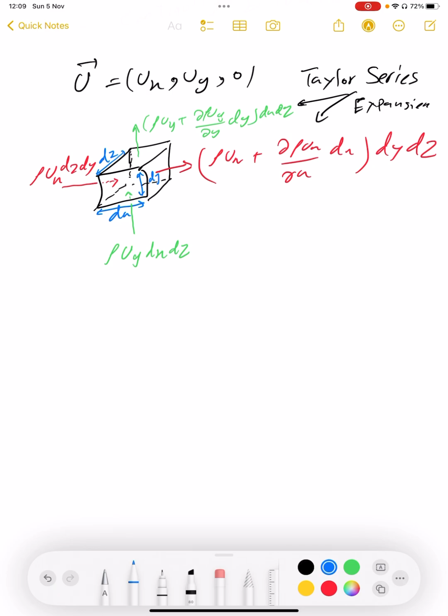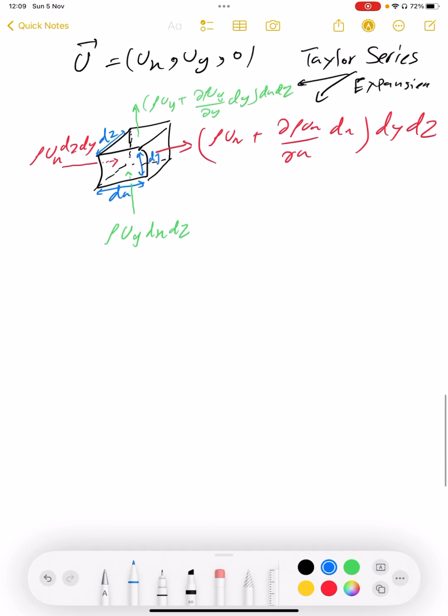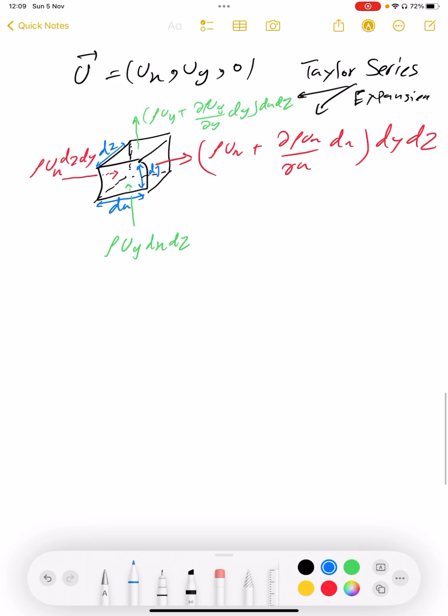All right, so if I look at my law of conservation of mass, let me rewrite it here again before we take any step further.